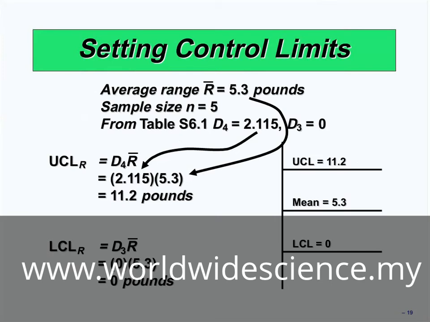Okay, we calculated LCL and UCL, and you can draw the center line here. In the R chart, or range chart, the horizontal axis is the sampling, the number of samplings, for example 12 hours or 12 sampling times. And the vertical axis is the range.